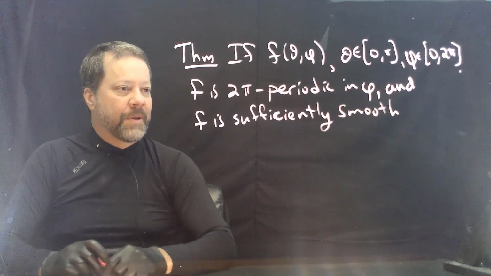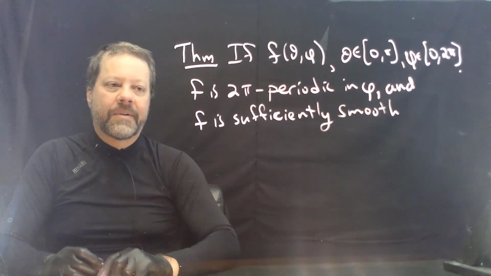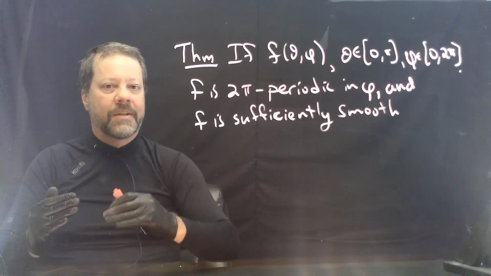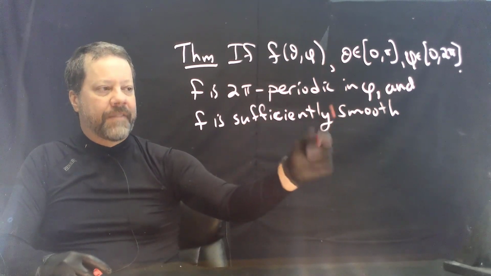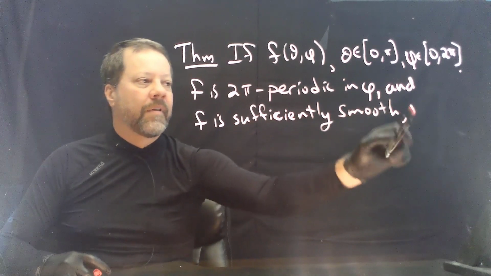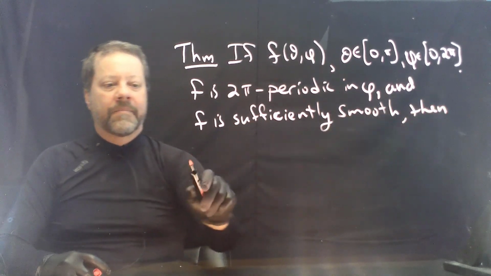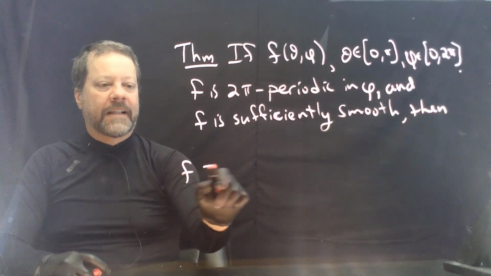We'll suppose that it can have discontinuities at places, but there are only jump discontinuities in a certain sense. So if f is sufficiently smooth, then this function will in fact have a representation.